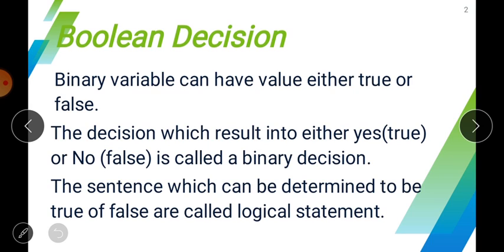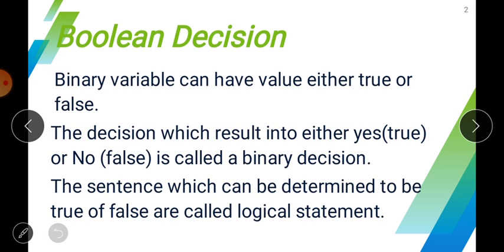But a Boolean variable or binary variable can hold only two values, that is either 0 or 1. If a variable holds only two values, 0 or 1, then that variable is called the Boolean variable or the binary variable.